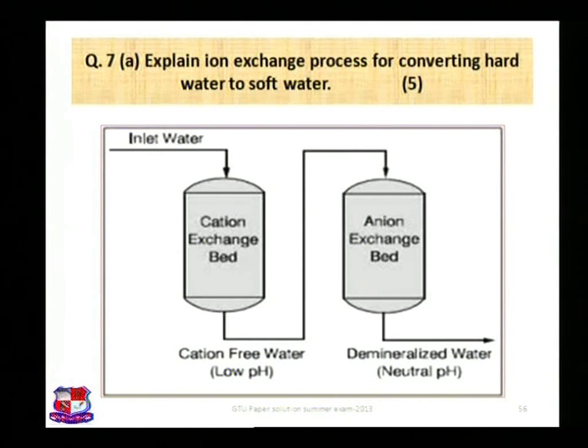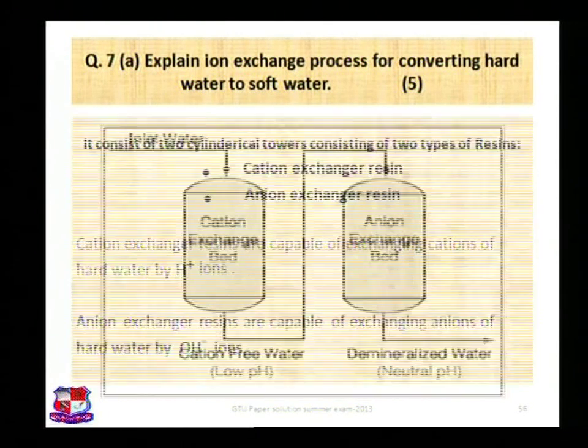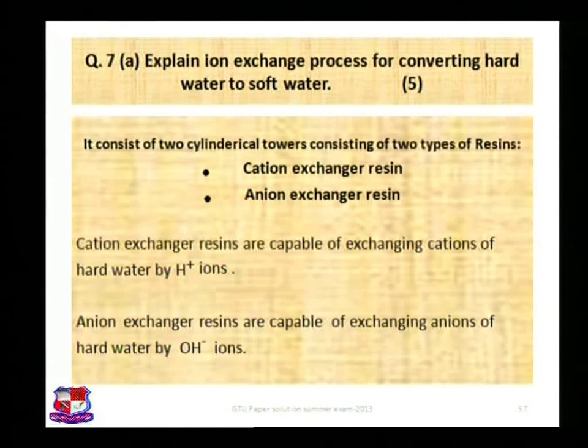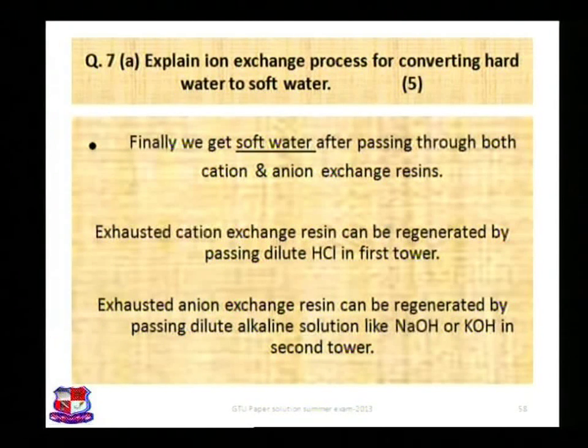You can see the diagram here. We pass the hard water, consisting of calcium and magnesium ions, first through the cation exchanger bed, where the cations of the hard water get exchanged by H plus ions, and in the anion exchanger bed the anions of the hard water get replaced by OH minus ions. Finally, we get the soft water after passing through both the cation and anion exchange resins.